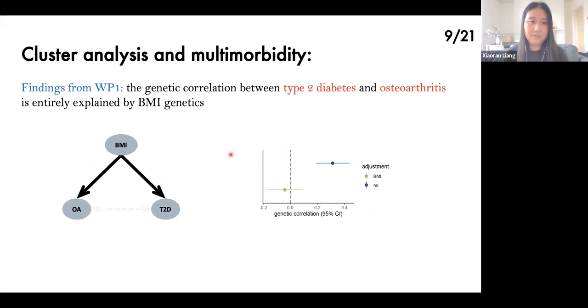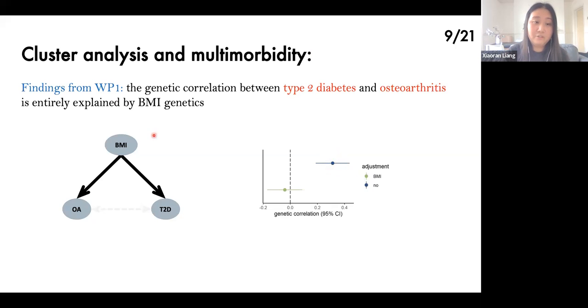So for example, still the findings from our work package 1, we have two conditions, type 2 diabetes and osteoarthritis. We found that they are genetically correlated, and their genetic correlation is around 0.3, which is illustrated by this blue line.